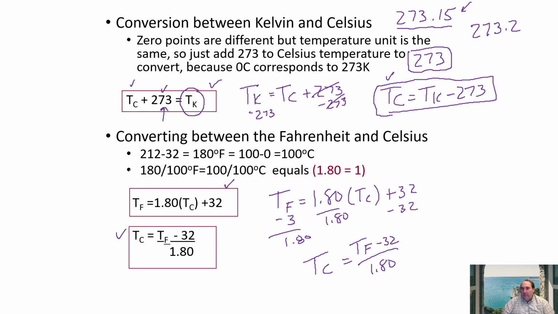So these two are really important as well. By the way, the 1.8 is the same as 9 over 5. If you take 9 divided by 5 on your calculator, you get 1.8. That's maybe something that you learned in terms of temperature conversion. So that is also used.